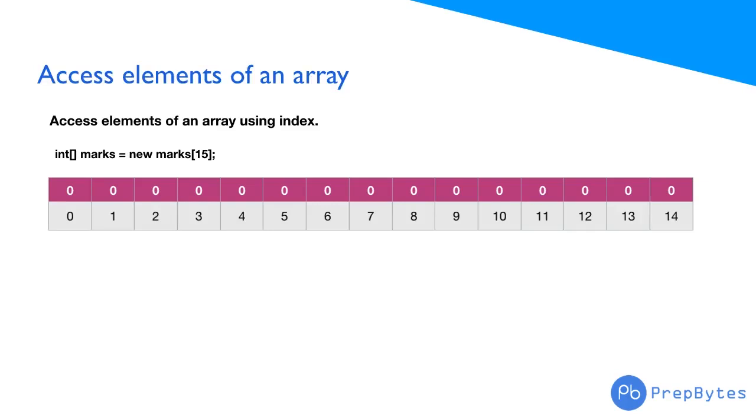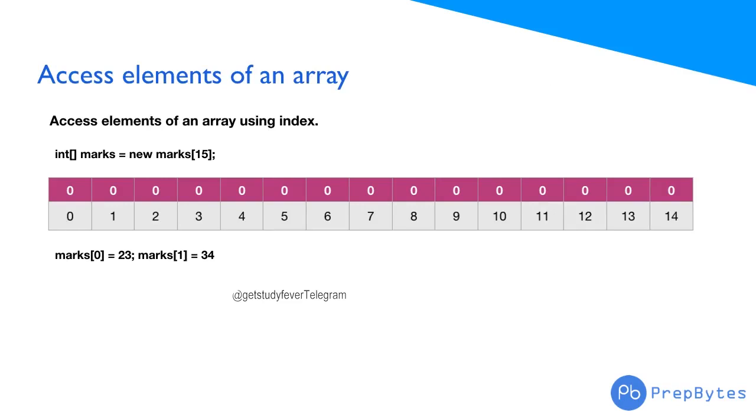Now, let's say I do something like this. This is how we use the index to access elements of an array. We have the name of the array, a square bracket, and the index. In the first case, we are using index 0 to access the first element.